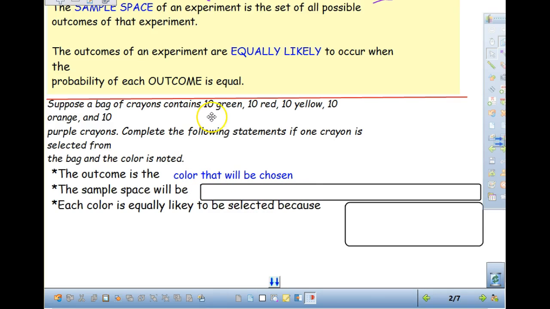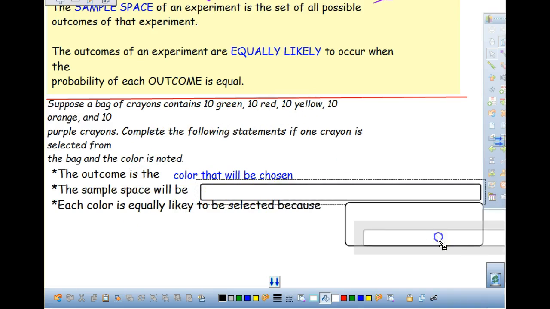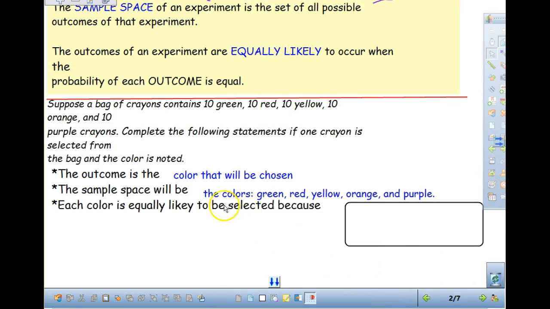It could be green, red, yellow, any of our colors. The sample space will be all the colors: the green, the red, the yellow, the orange, and purple. If you need to pause this to write down those colors, please do so.